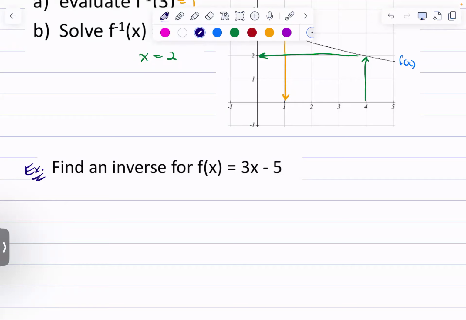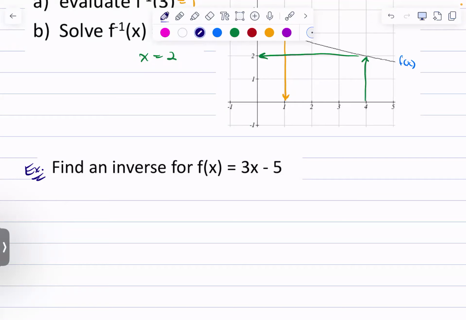Okay. So to find the inverse of f of x, so any function, first you want to make sure that it's 1-to-1, right? It's a function and it's 1-to-1. Let's just confirm this one visually using Desmos.